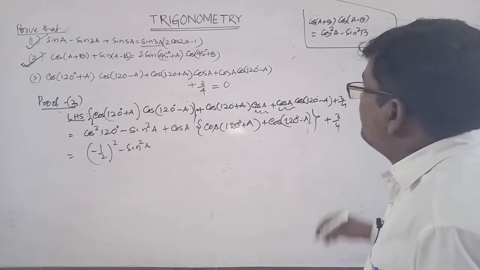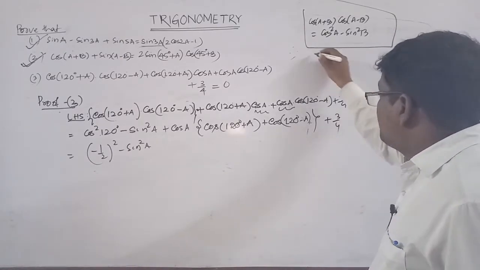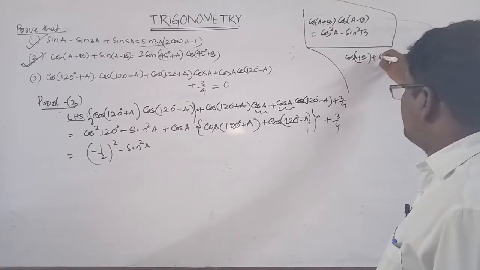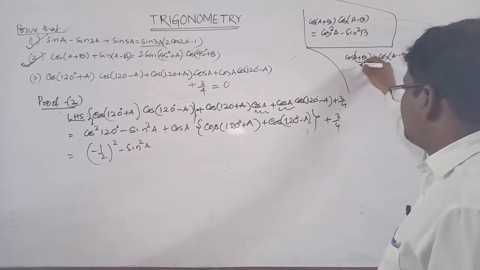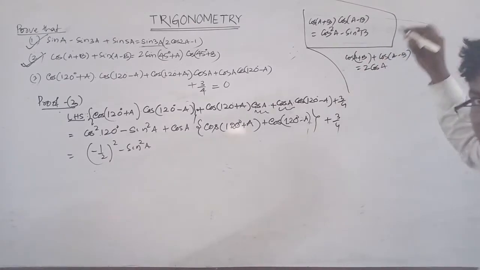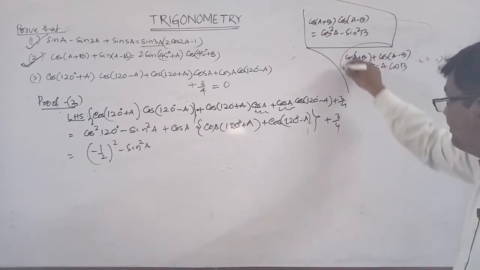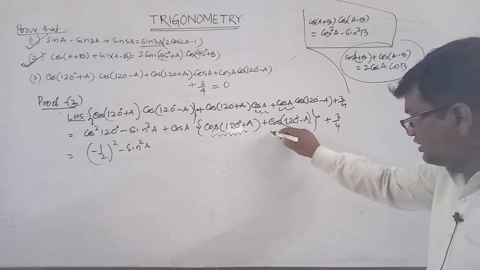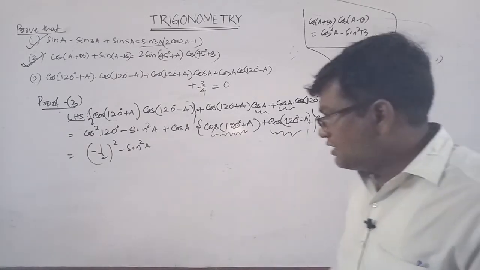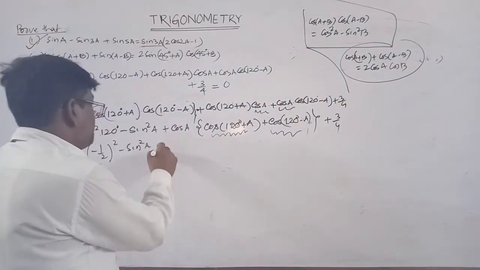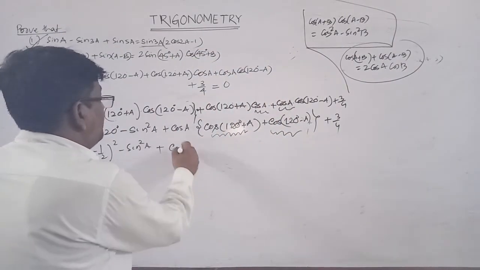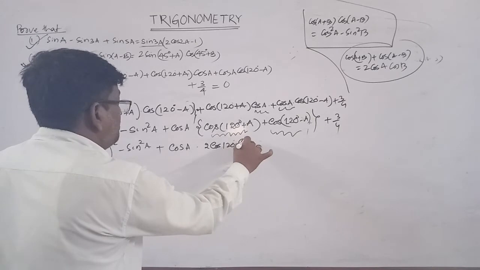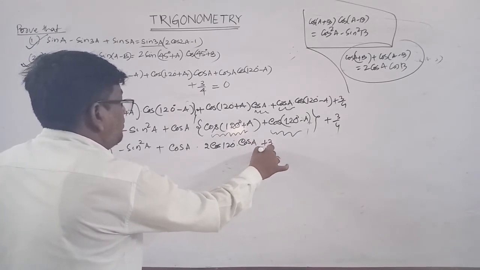Then what is the formula for cos(A+B) plus cos(A−B)? The formula is 2 cos A cos B. This formula applies here: cos(A+B), and this is cos(A−B). So the formula is 2 cos A cos B. So plus here cos A into what? 2 cos A means 120°, into cos B means A, plus 3/4.